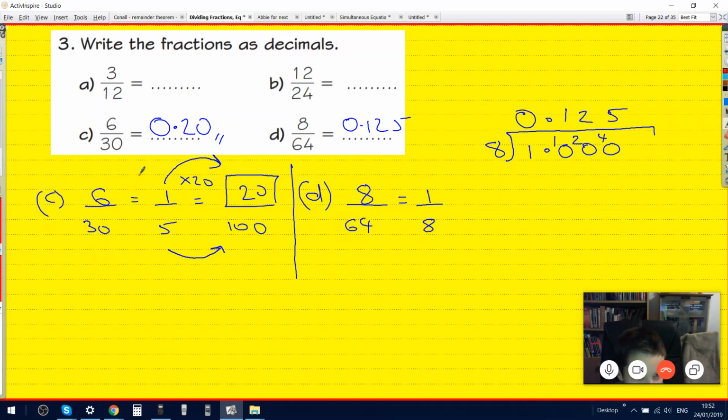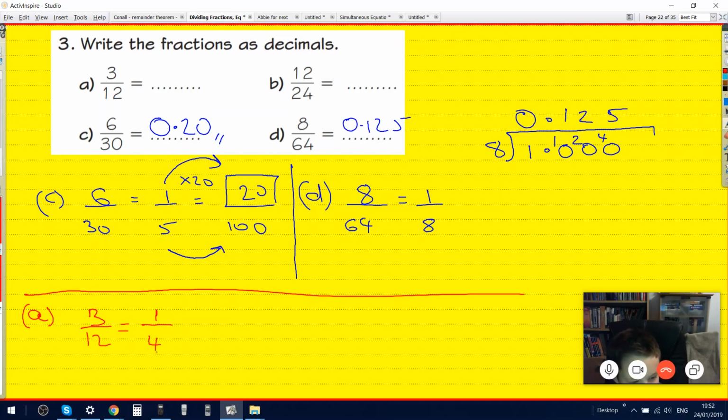So simplify 3/12, you can simplify them both by 3. 3 divided by 3 is 1, and 12 divided by 3 is 4. So that becomes 1/4. Now we know that 3/12 is the same as 1/4.